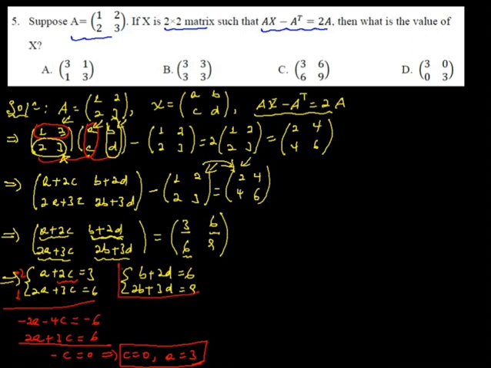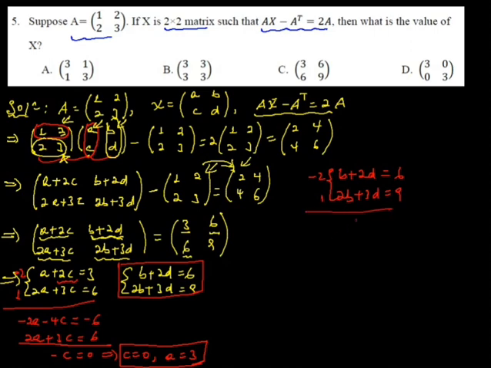Again, let's take this system of equations and use elimination to get the values of B and D. So take this equation as B plus 2D is equal to 6, and 2B plus 3D is 9. So multiply the first equation by minus 2, the second one by 1.